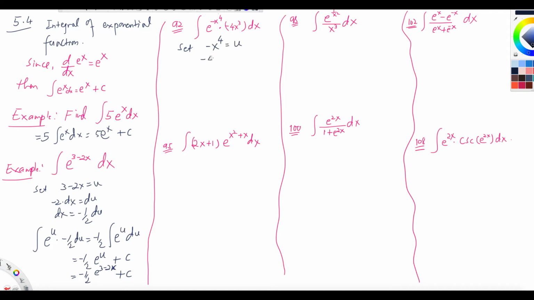It is negative 4x cubed dx equals du. So this thing will become du, and it is e to the u, right? So the integral of e to the u du. Did you see that? And then that will become e to the u plus c. Okay, and this implies e to the negative x to the 4th plus c, because u is negative x to the 4th, right?